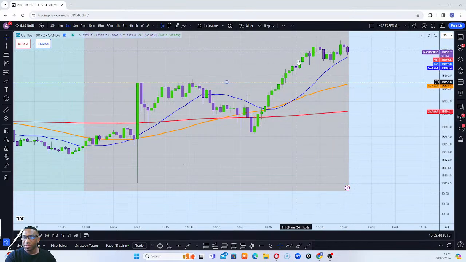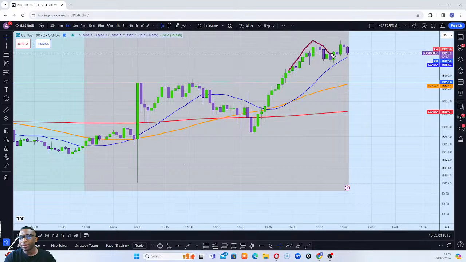All right, so just as I was talking about earlier, that's what is mostly happening. You can see the structure being formed like an M or double top, as some may call it.